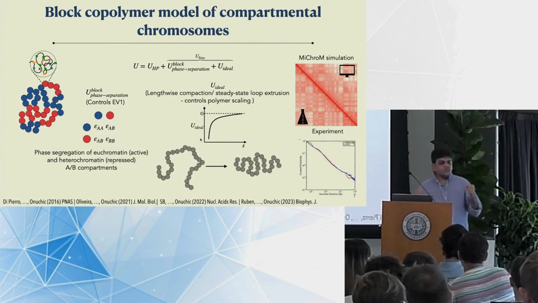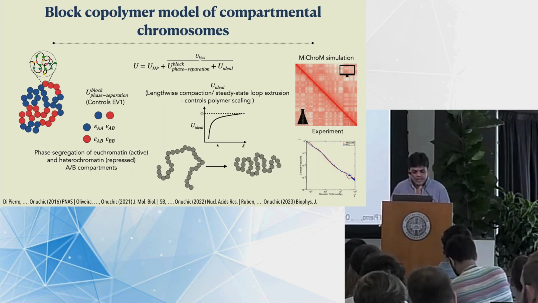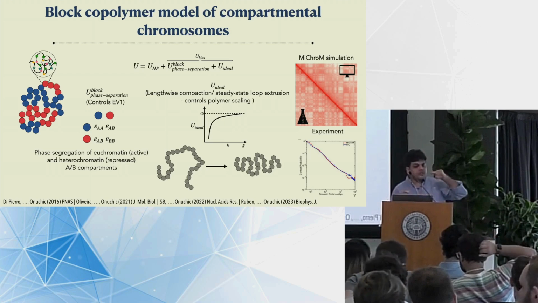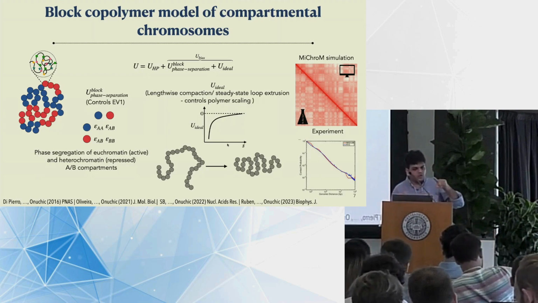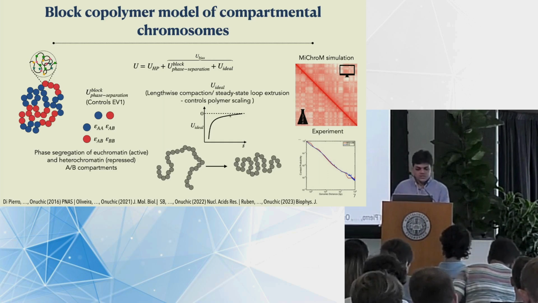Only when two beads, two monomers, come in contact, and you define contact using a sigmoid function, depending on the distance between them, not the physical distance but the distance along the genomic polymer contour, there will be an adhesive force that acts on them, which follows this kind of pattern.